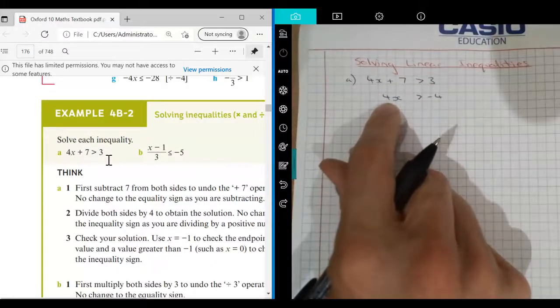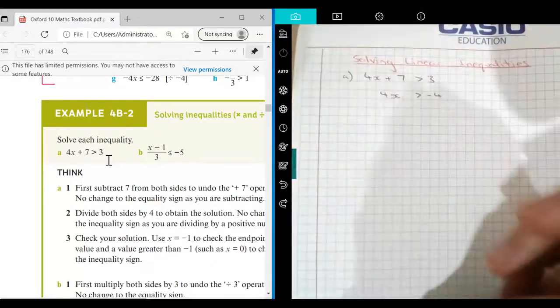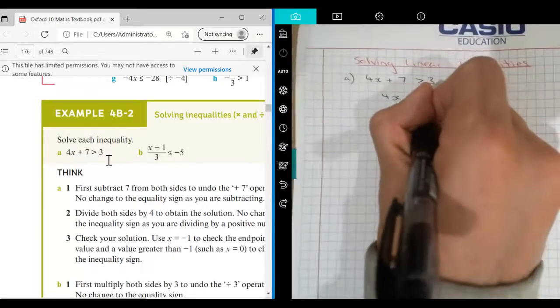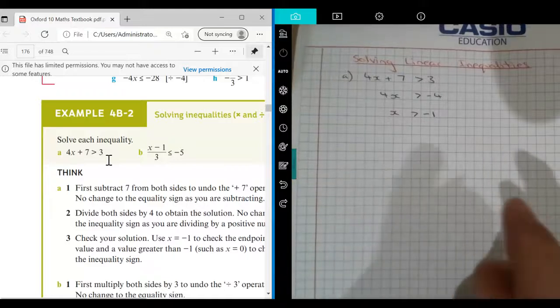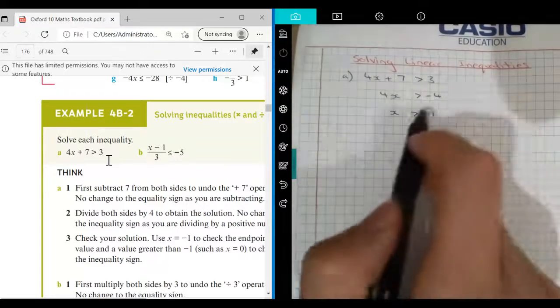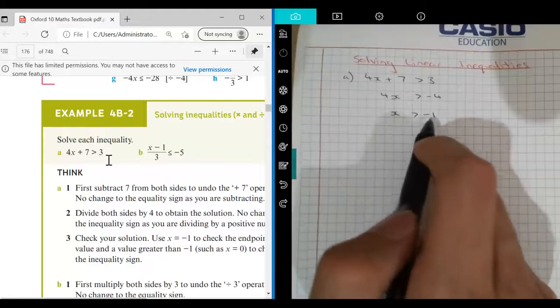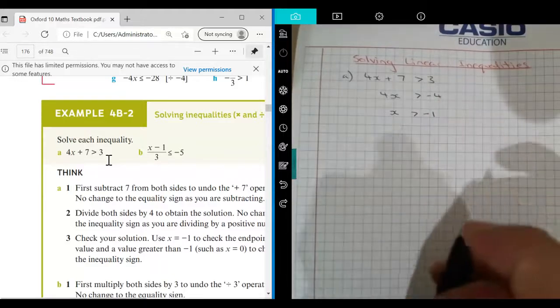And then if I want to get x all by itself, I need to divide both sides by 4. Therefore x will be greater than negative 1. So that's no different to what we've done with linear equalities, but this is representing more than one value, so x can take all values greater than negative 1, and that satisfies this inequality.